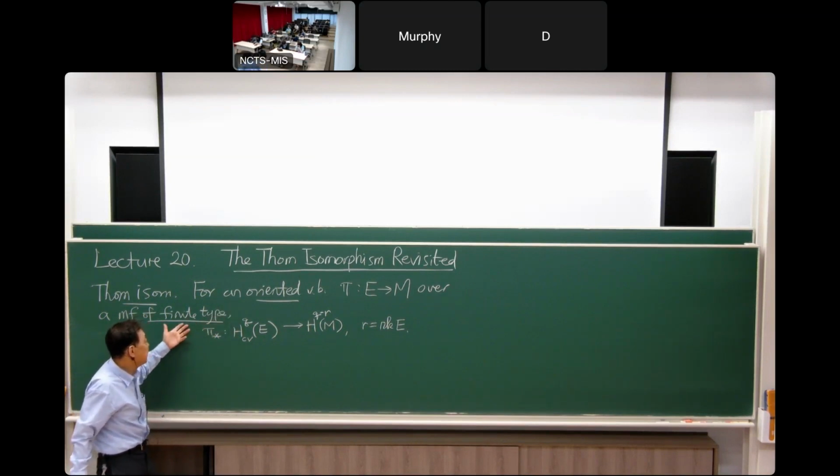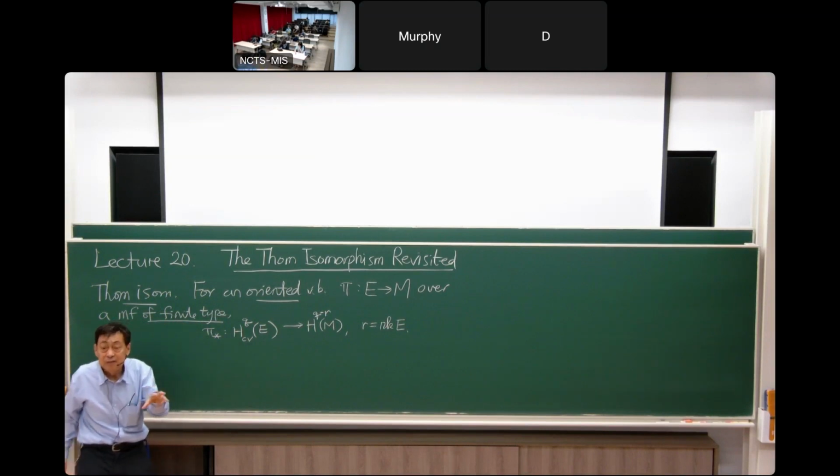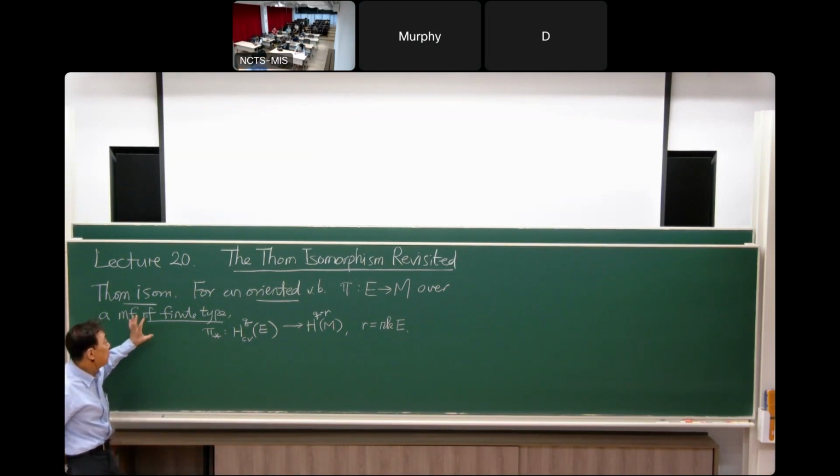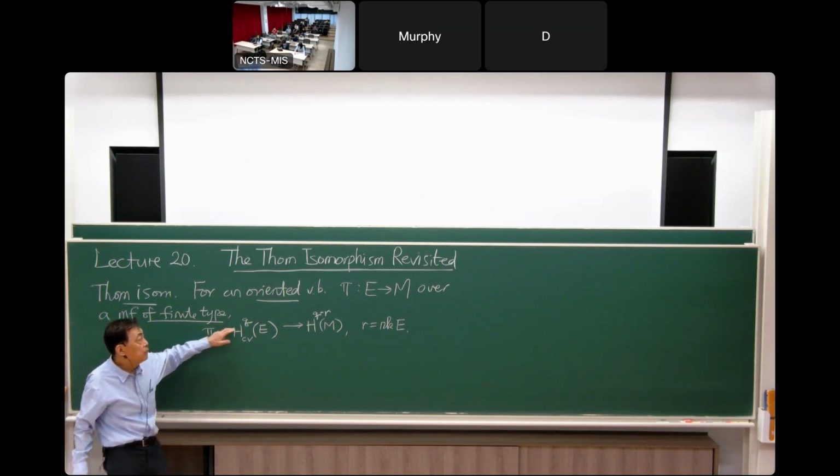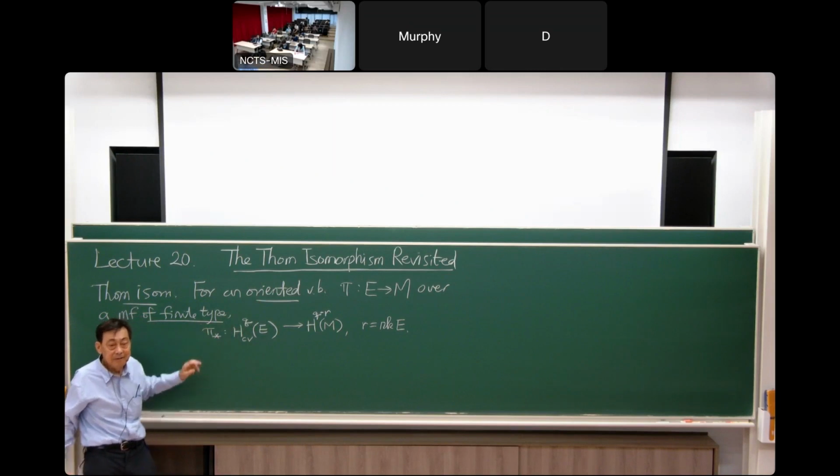And then we need finite type for the manifold because the technique was to use induction on the number of open sets of a good cover. Right? So today I'm going to reprove the theorem using double complexes, and that will allow us to remove the two hypotheses.